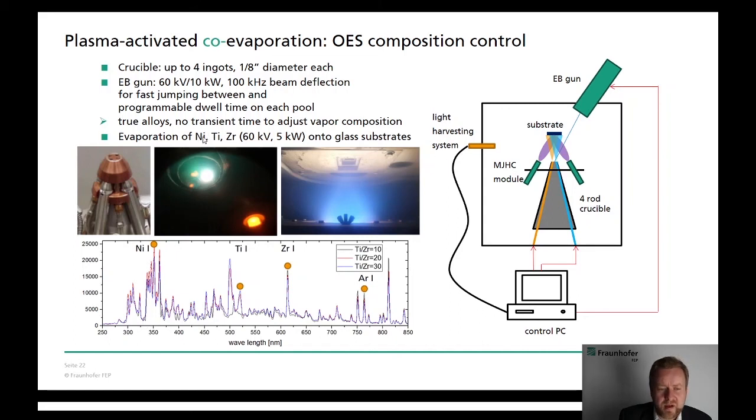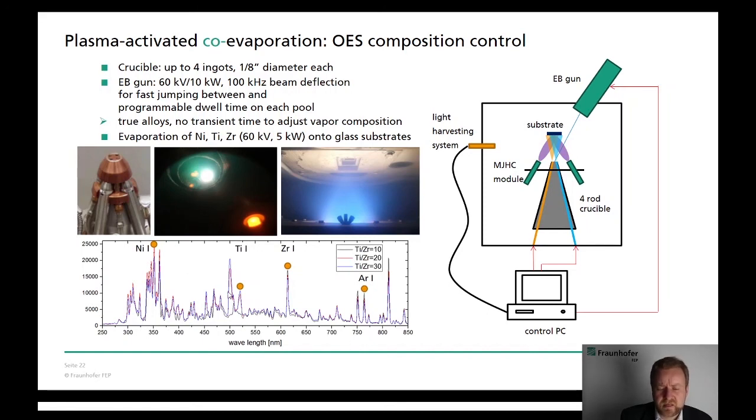We have evaporated here nickel, titanium, and zirconium. We see here a picture of the 3 crucible and evaporation pools. Left side we see this crucible head with the 4 holes where the ingots can be fed into the separate evaporation pools. We see the optical emission down there.